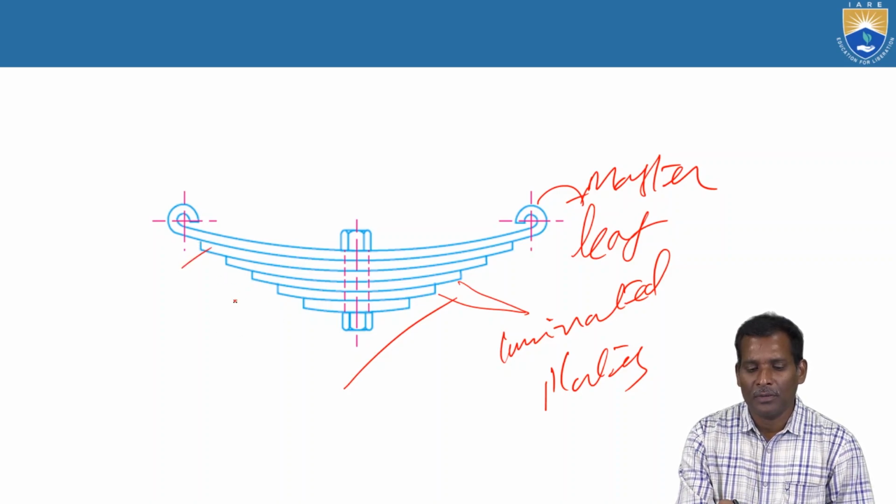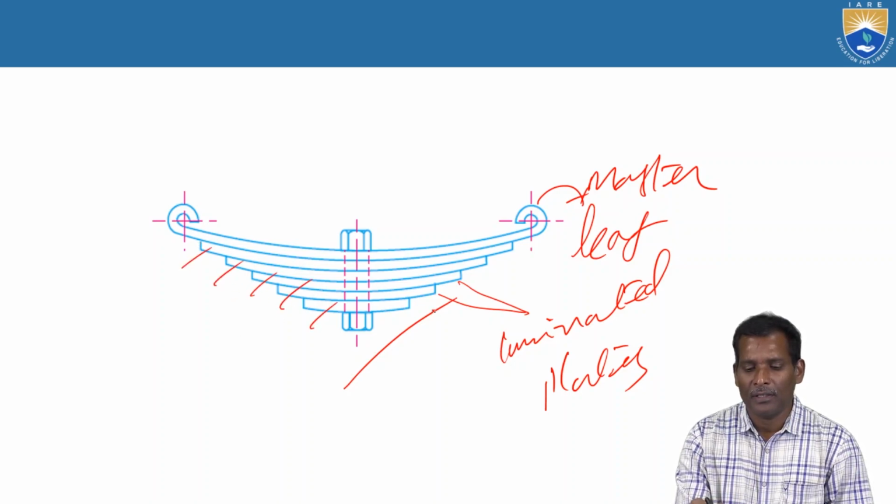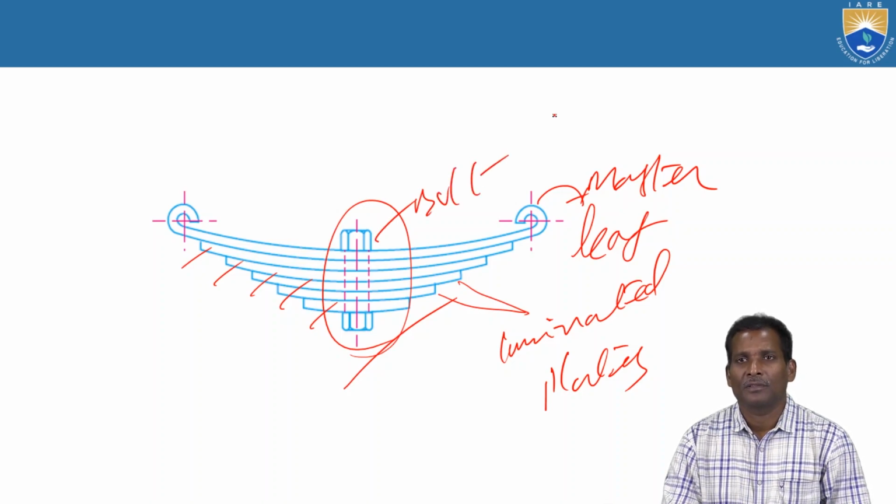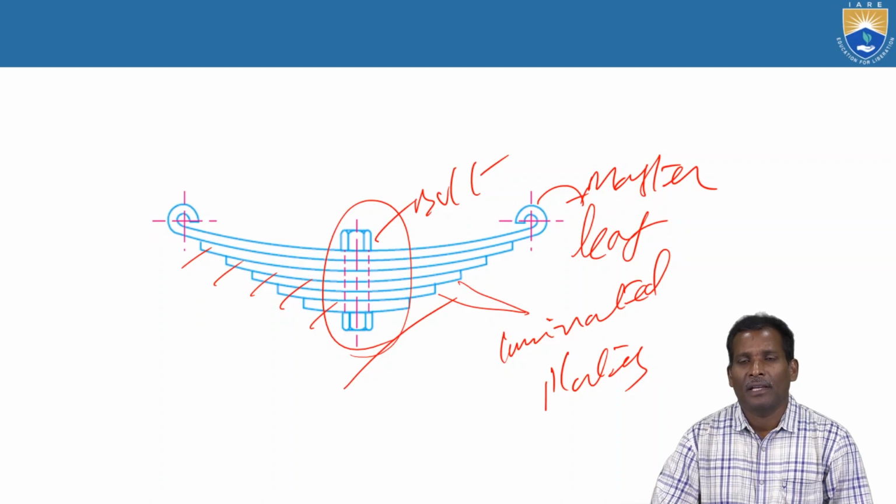The remaining leaves are of varying length, all laminated together and then clamped with the help of a bolt. Generally, these types of springs are used in automobiles to absorb energy and act as a shock absorber.